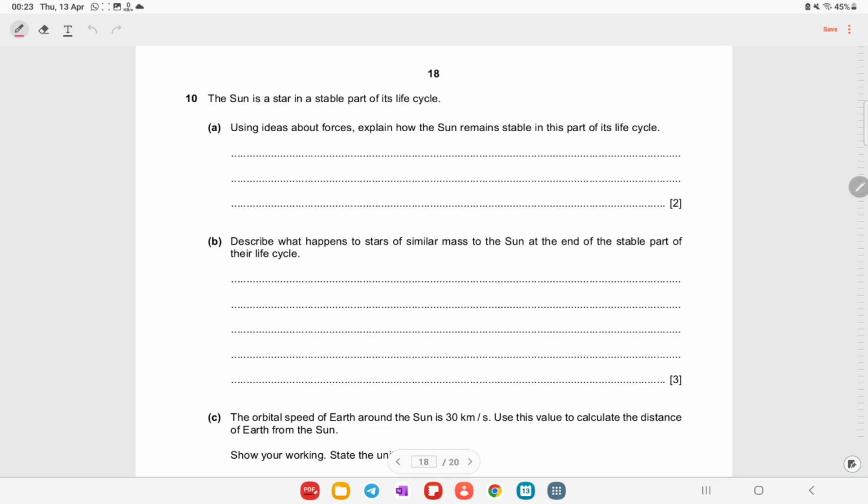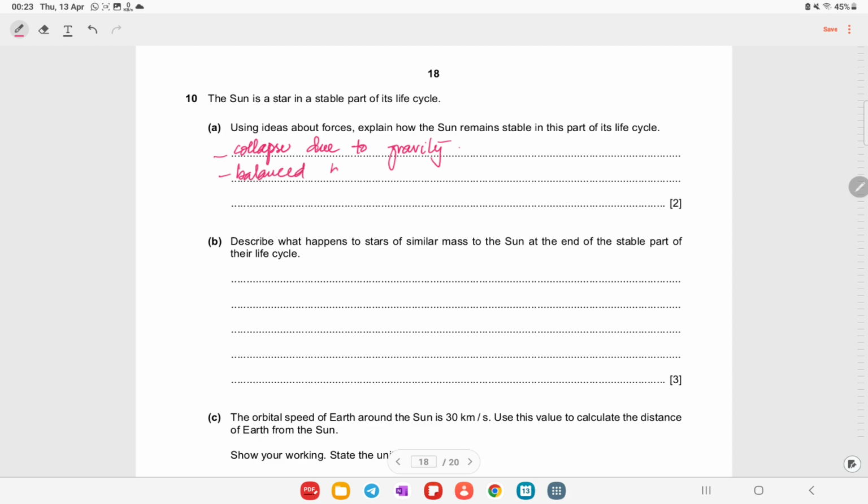The sun is a star in a stable part of its life cycle. Using idea about forces, explain how the sun remains stable in this part of its life cycle. So what happens is this, basically it collapses due to gravity, and there are balanced forces.